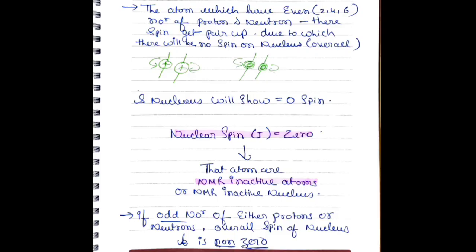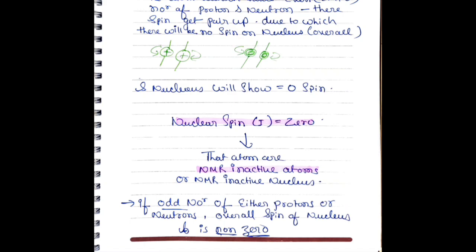For the NMR technique, an NMR active atom must be present in the sample. Now come to the second case: if an odd number of either protons or neutrons are present, like 3, 5, or 7, the overall spin of the nucleus is non-zero.